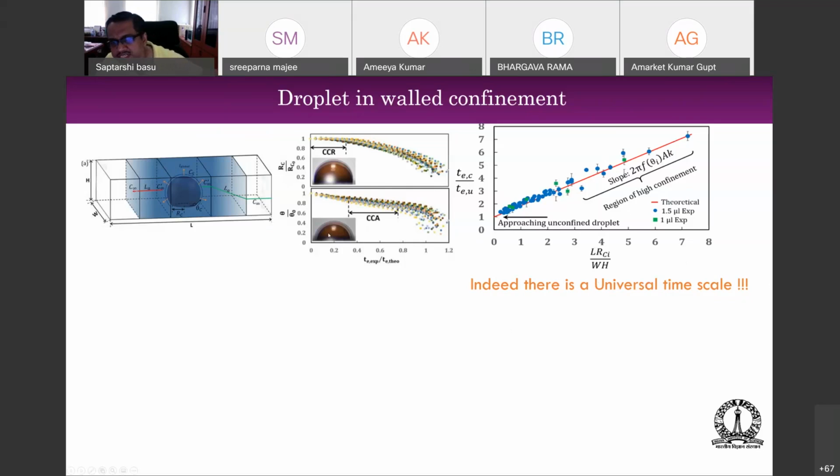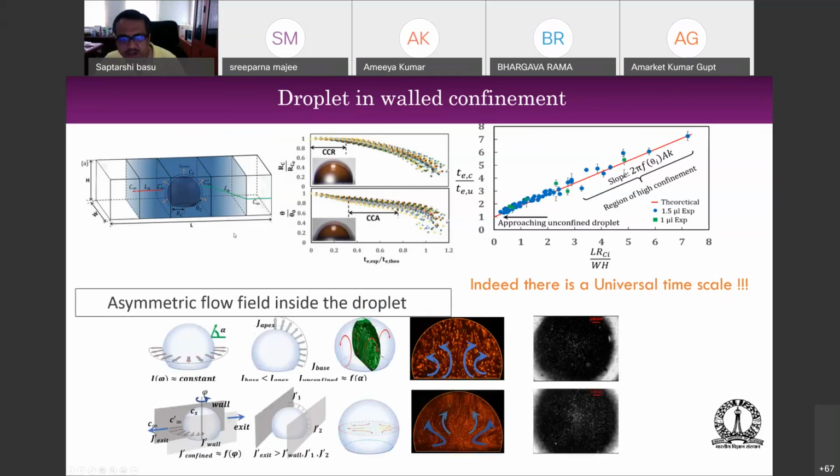So as you go on increasing the length of the channel, your evaporation will come down. If you go on decreasing the width and the height of the channel, that means you make the channel smaller and smaller, your evaporation time is going to skyrocket. So this is indeed a universal time scale. And there is no limit on this so long as your droplet does not touch the channel wall. So that was rather good.